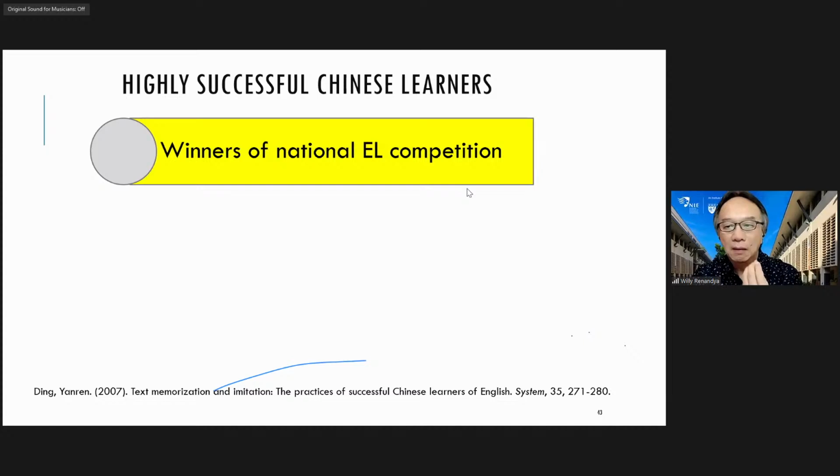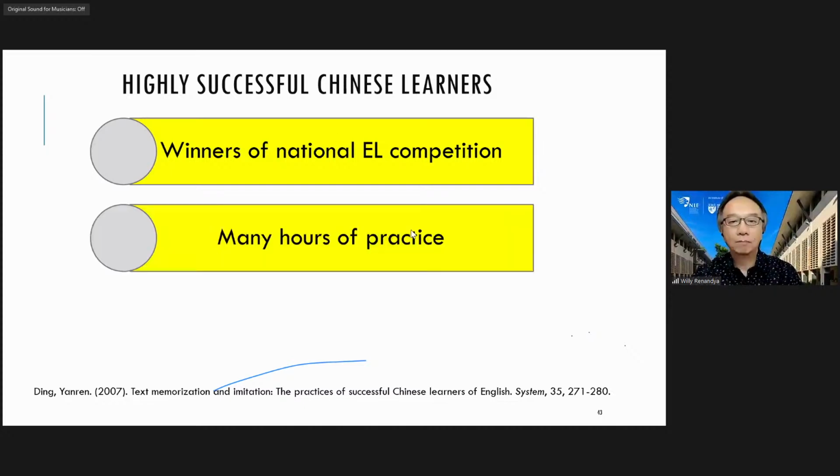These are highly proficient high school students, and they are winners of a national English language competition. In China, we're talking about millions and millions of people, yeah? So you are competing against millions of other students. So if you win the competition, then you must be very, very good. Your English must be very, very, very high.